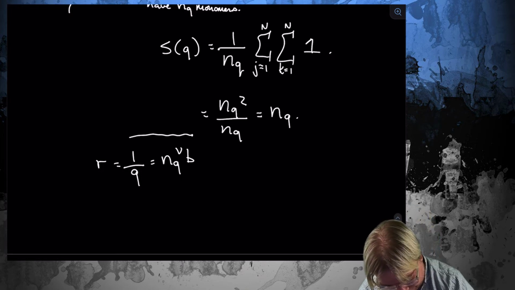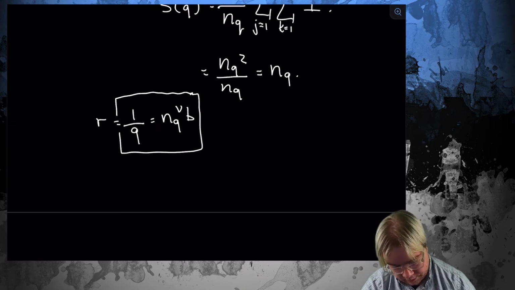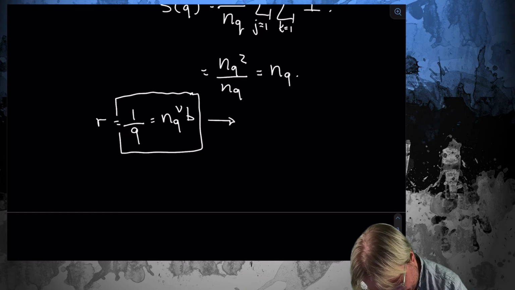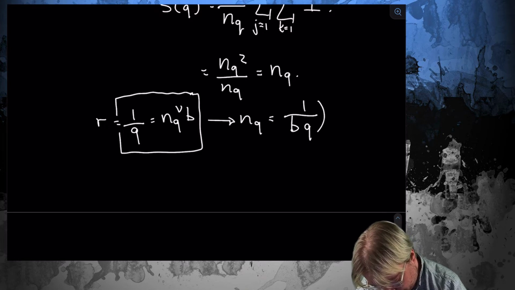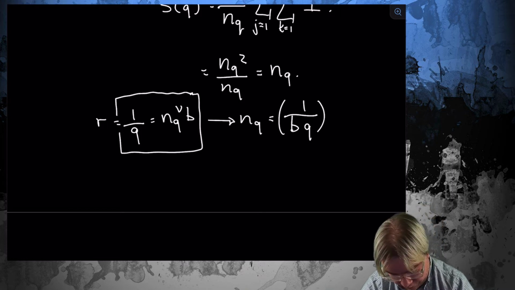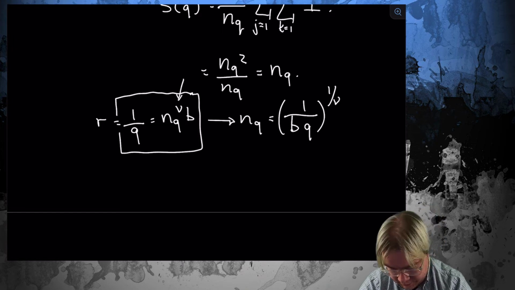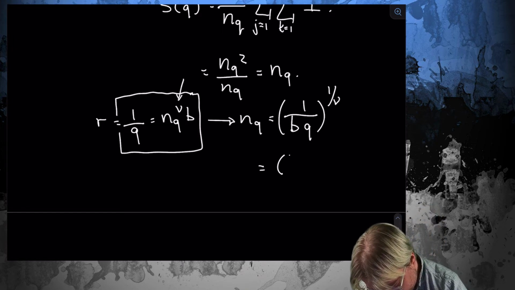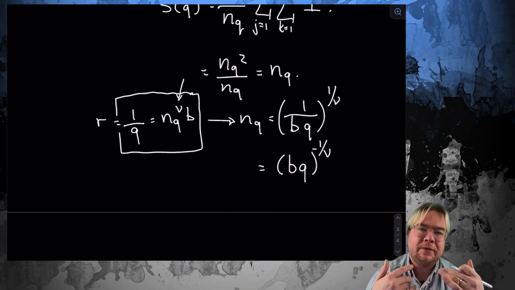Let's just take this part here and work with it. Then this means that n sub q will be 1 over b times q, and then I have to take the root, because this is raised to the nu power. So I take the root, I get 1 over nu. So n sub q is going to be b times q to the 1 over nu power. In fact, minus 1 over nu power, because it was in the denominator.